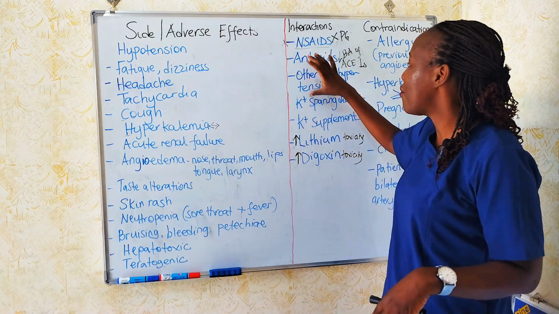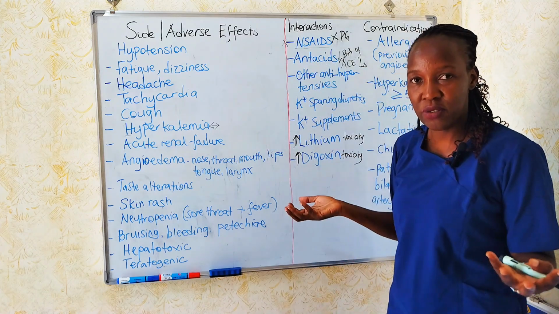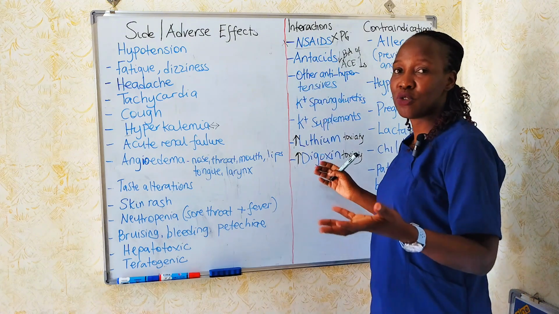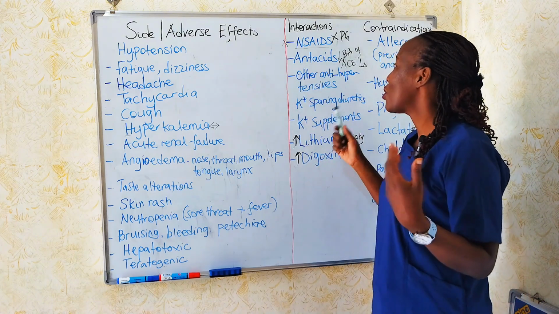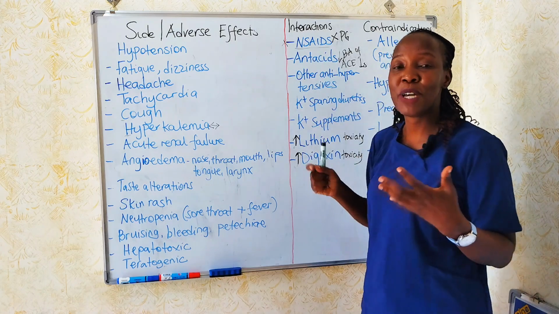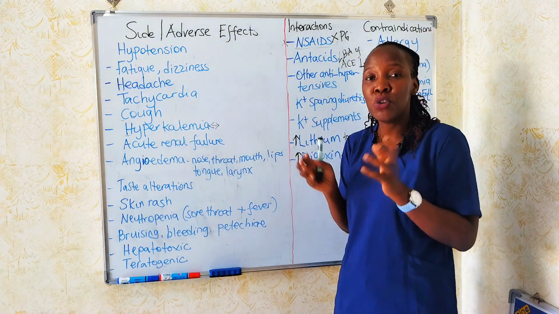Which of the following drugs would the nurse question? Then maybe one of these is among those drugs. All right. So you just want to look out for any of the drugs you know that might cause interactions with ACE inhibitors, and that is what you would question.